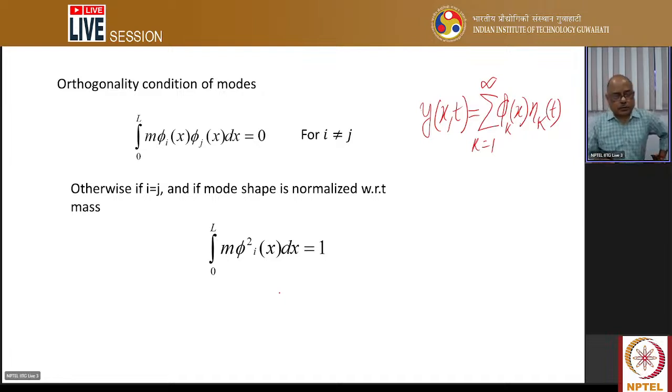As a result of this, we get the normalized mode shape. So now the concept of normalized mode shape comes.